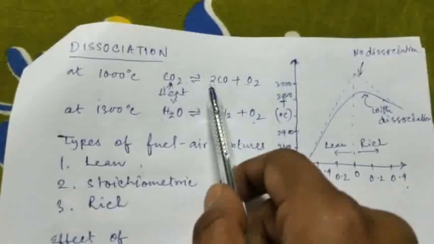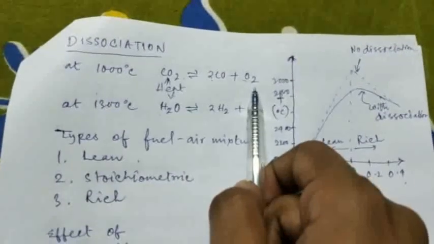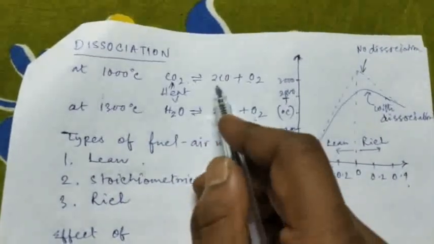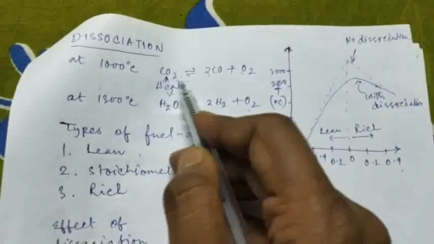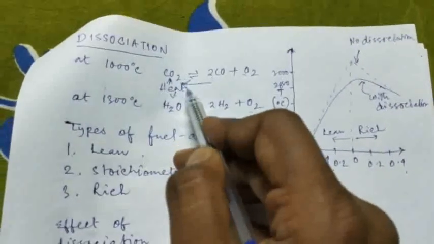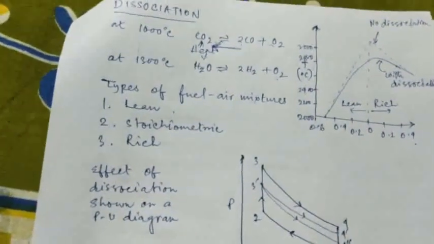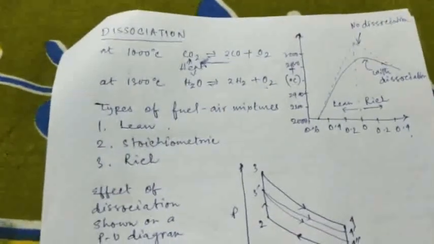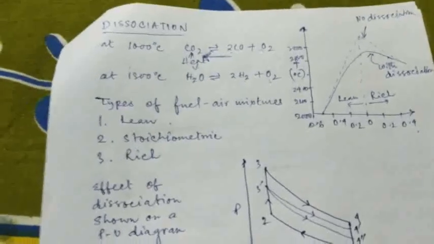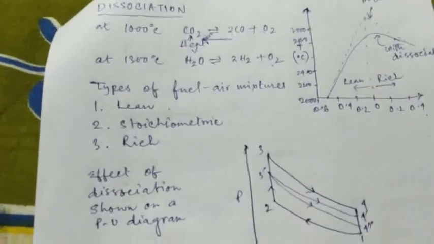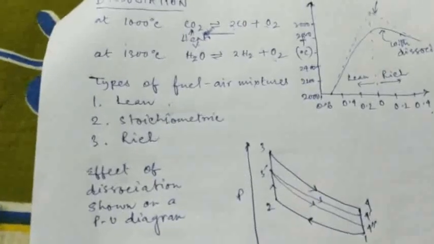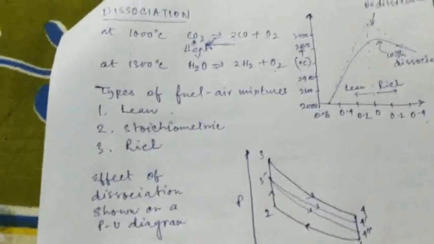Actually, what will occur is that the already present CO and O2 molecules will reassociate, the reaction happening in the opposite direction, into CO2. So the presence of CO and O2 molecules actually prevents the dissociation. So there will be no reduction of heat in the richer mixture.